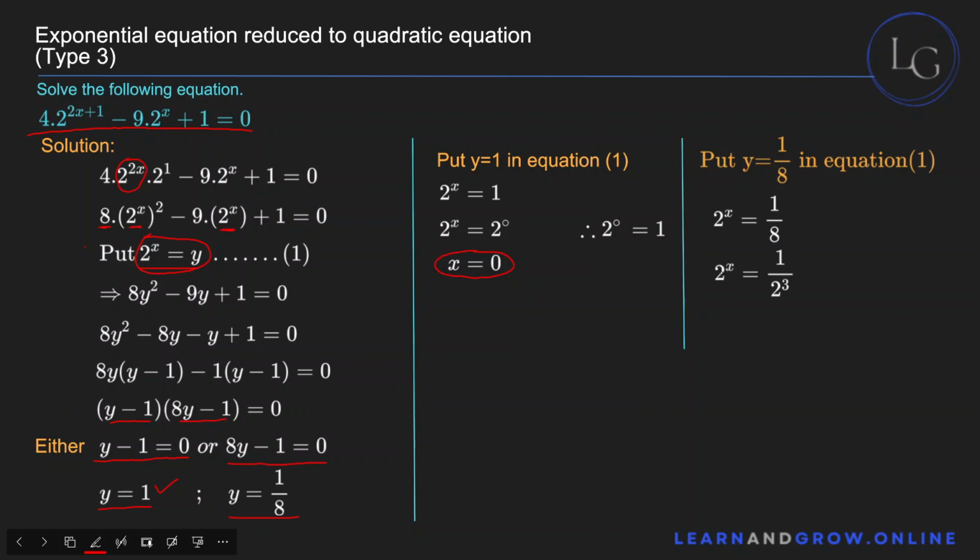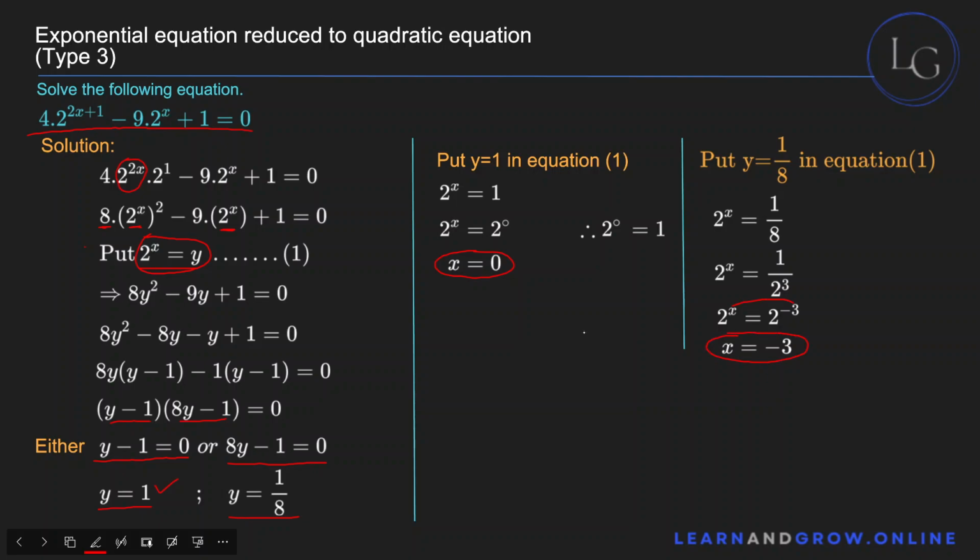So this becomes 2 raised to the power x is equal to 1 divided by 2 raised to the power 3. And if you take 2 raised to the power 3 to the numerator, this now becomes 2 raised to the power x is equal to 2 raised to the power minus 3. And simply x is equal to minus 3.